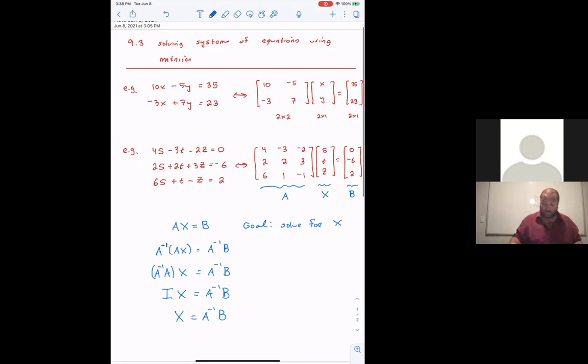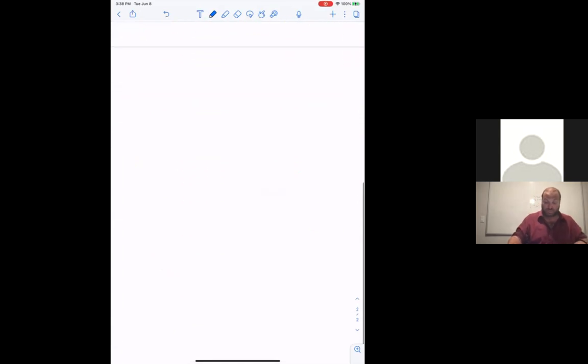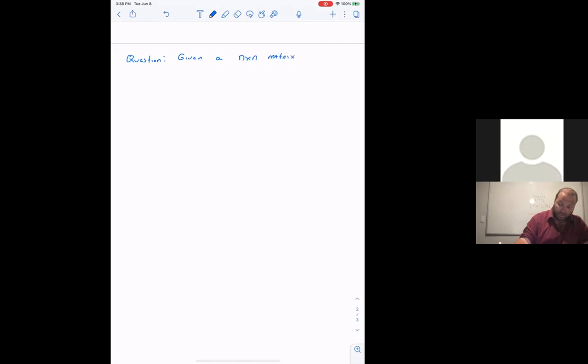Easier said than done. How do we find the inverse of a matrix? So that's the question. Given an n by n matrix A, it's got to be square, how do we find A inverse? And even more fundamental, does A inverse always exist?